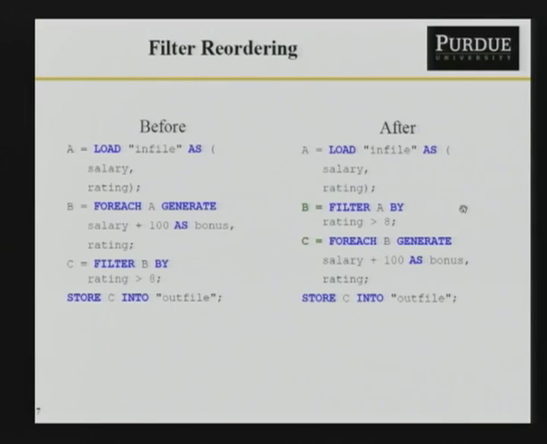Okay, I think that's all there is to say about this. And that can be, I suppose, generalized in the sense that whenever you have a filter whose order doesn't matter, you always want to perform the filter first so that you reduce your data size.